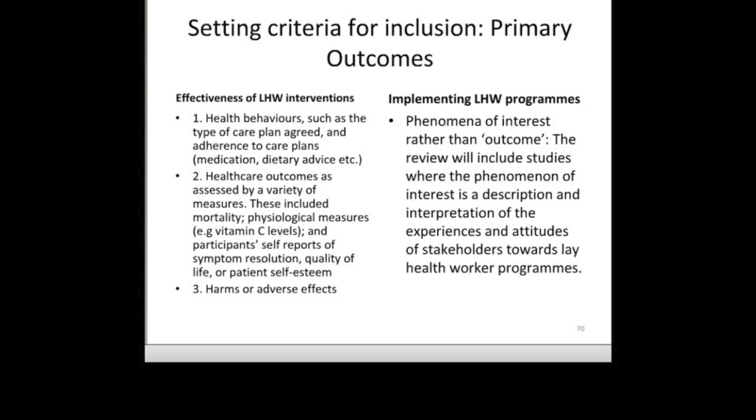What is worthwhile to mention is that this review also included outcome measures related to harms or adverse effects, and sometimes that's a role that qualitative evidence synthesis may pick up as well.